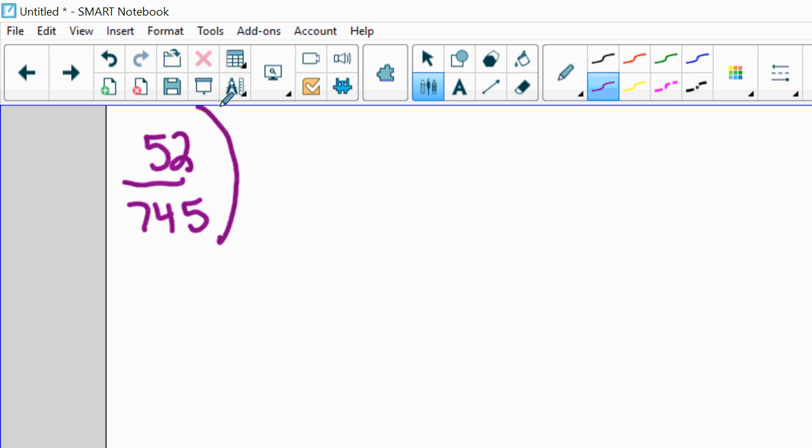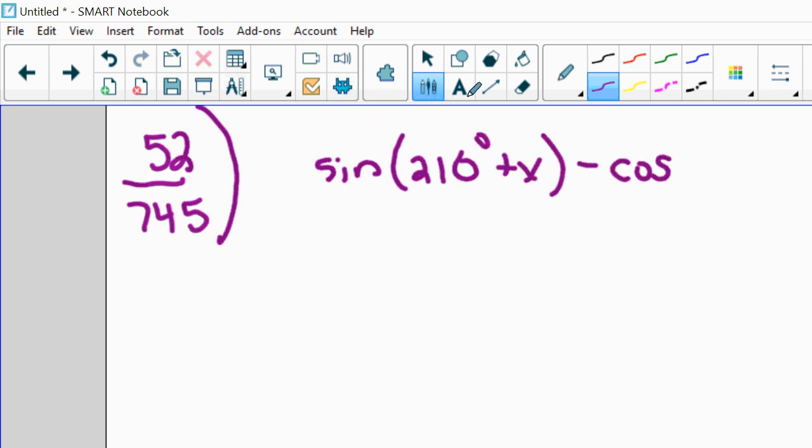These aren't as hard because it just basically screams at you, please use the identity. They go, verify this is identity. Well, I'm going to start on the left, because I can't go anywhere if it's 0.